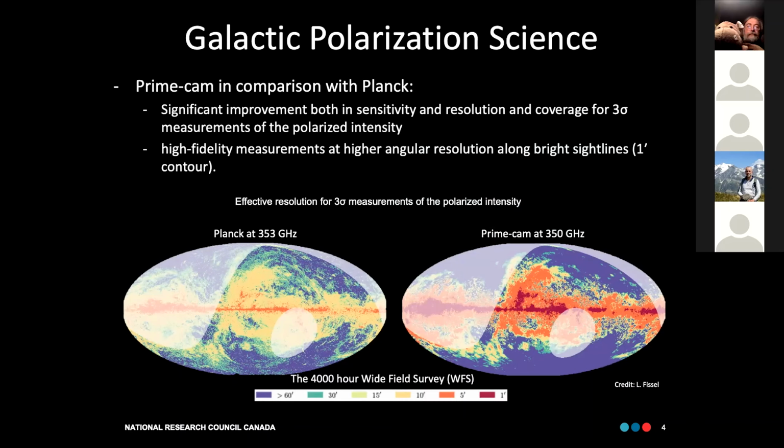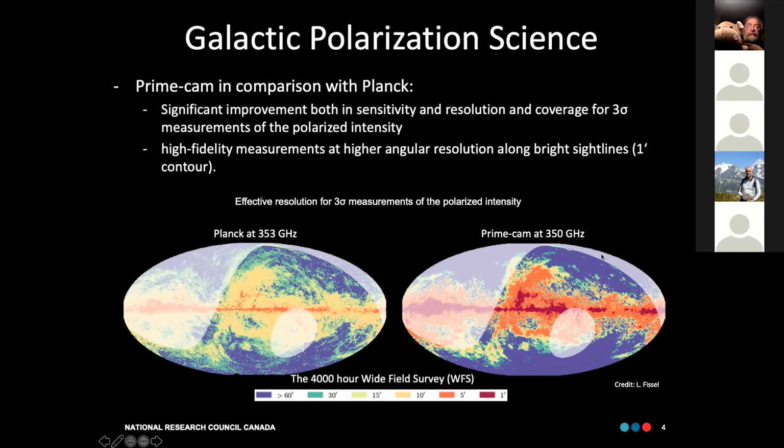Here we are showing the effective resolution for 3 sigma measurements of polarized intensity, and the white contour shows the wide field survey. The figure to the left shows observations by Planck, and to the right, we see the forecasted observation by PrimeCam obtained by the PISM software.